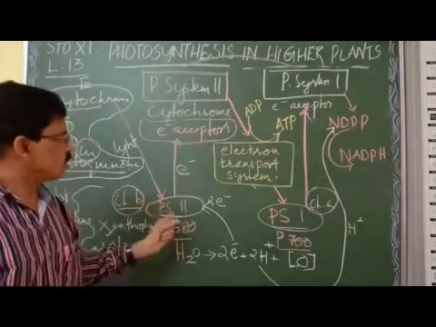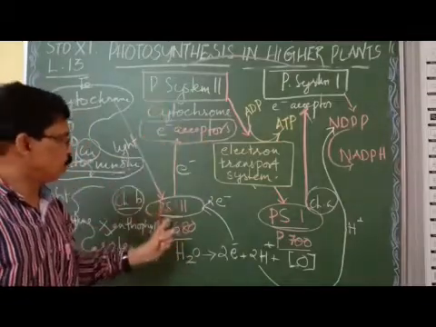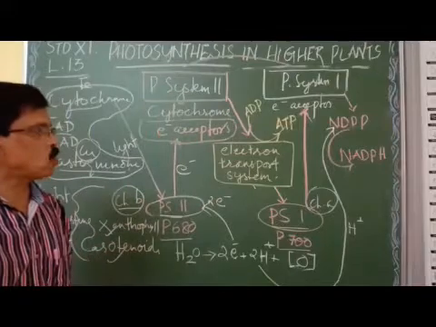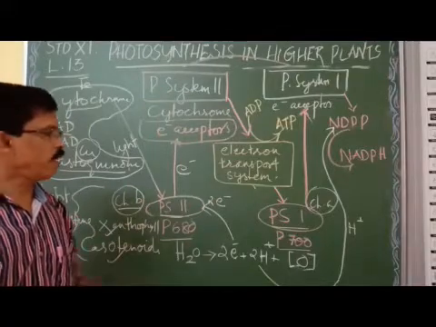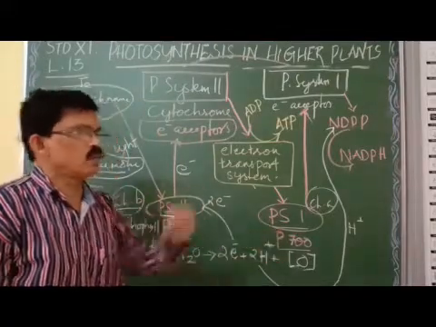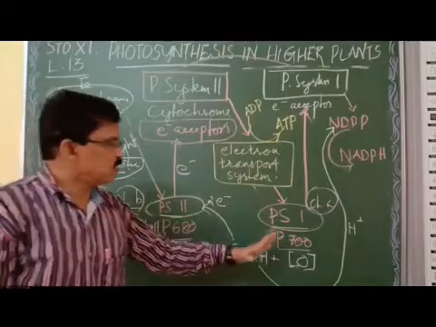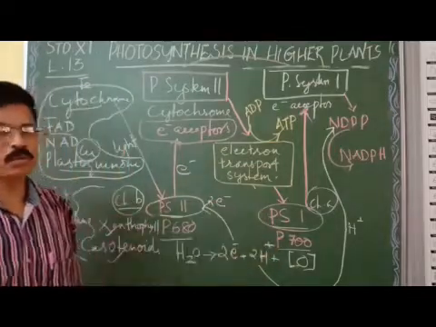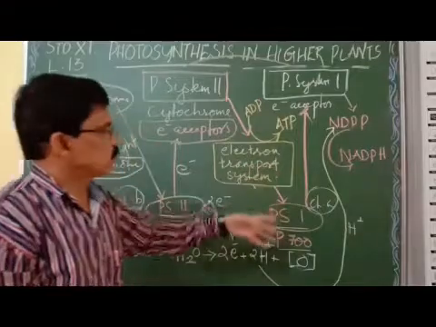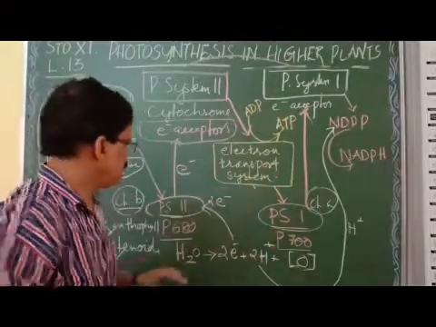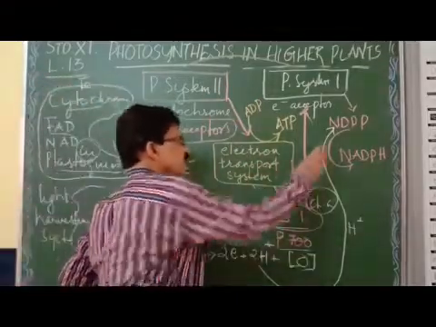So the electrons jumped out of pigment system 2 pass through the electron transport system and go to pigment system 1. This pigment system 1 gets excited now and emits high energy electrons.